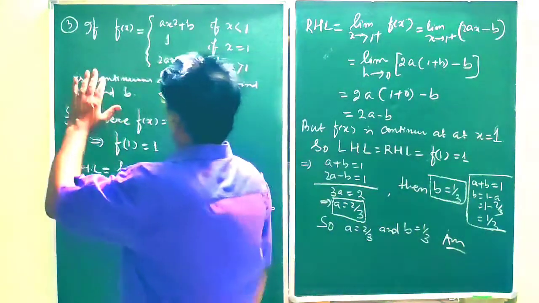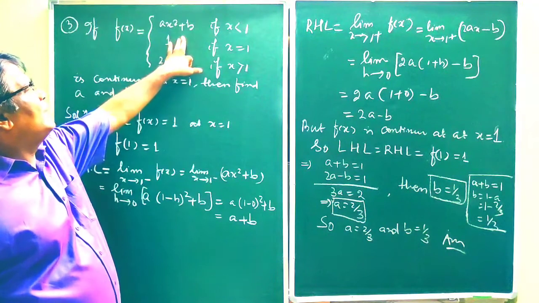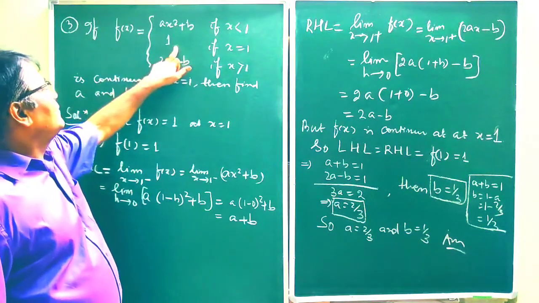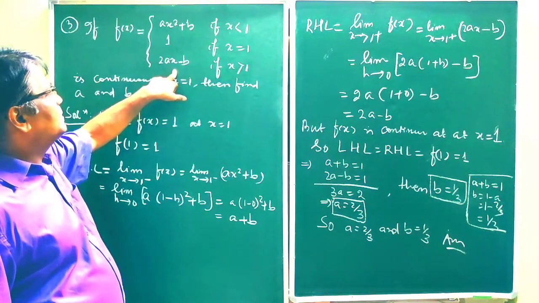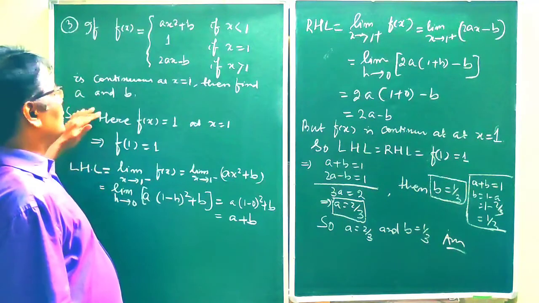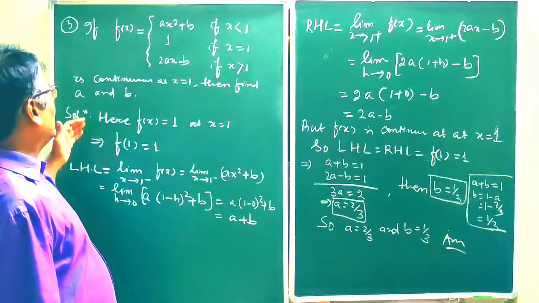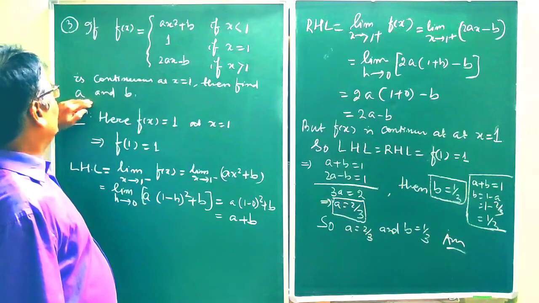So here the question is: f of x is given as a x square plus b when x is less than 1, f of x is equal to 1 when x is equal to 1, and f of x is equal to 2x minus b if x is greater than 1. It is continuous at x is equal to 1 and we have to find the value of a and b.